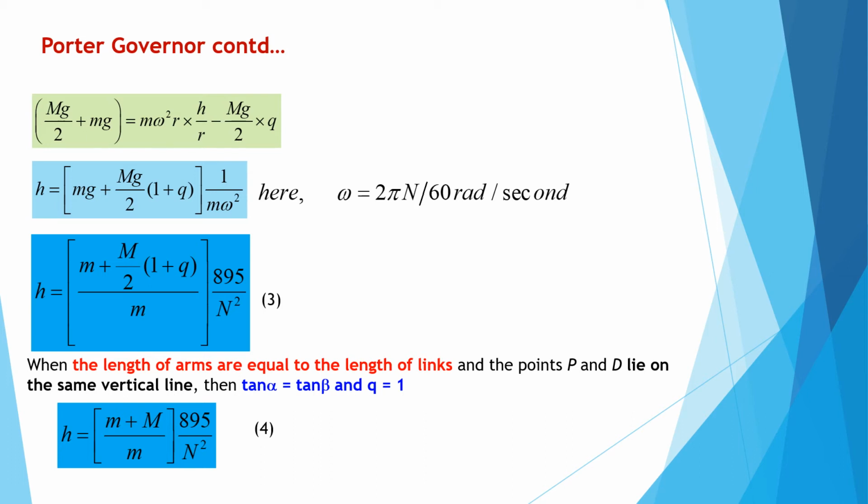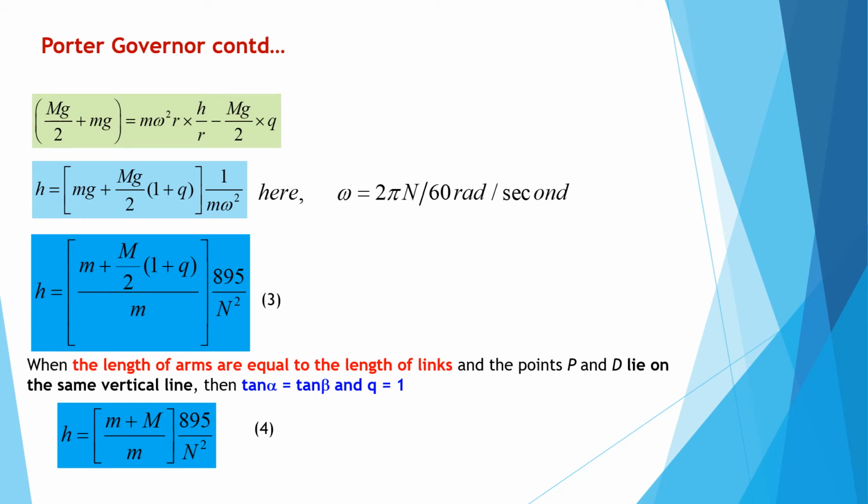So the height of the governor is h equal to small m plus capital M by 2 into 1 plus q, divided by small m, into 895 divided by speed square.